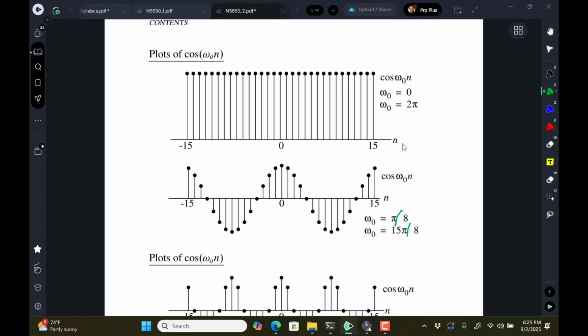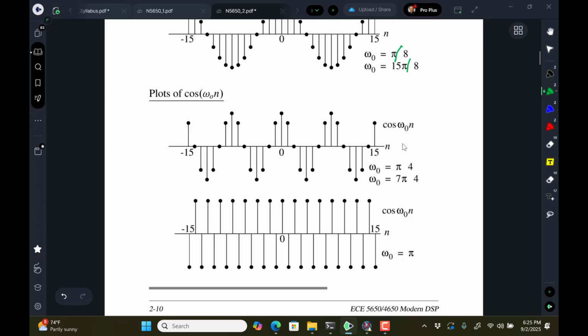Now, if that seems amazing, for a cosine sequence, pi over 8 and 15 pi over 8 are just a 2 pi shift. So we come back around again on our unique signals. This is tied in with aliasing and sampling theory, which we'll be revisiting in Chapter 4, but which you've already seen. You learned about that in 2610.